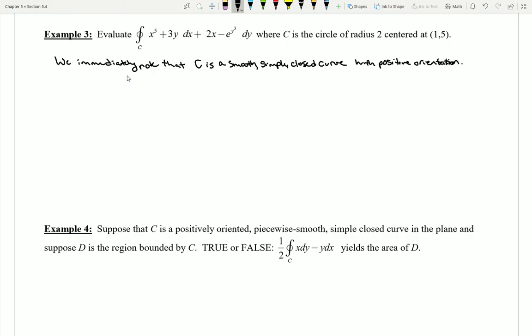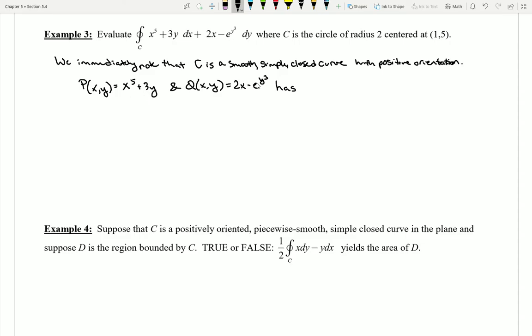That's fantastic. Now I can go ahead and start to think about, okay, so let's see. My P of x,y here is going to be, again, the thing that's going to be in front of my dx, and my Q of x,y is going to be the part that's in front of my dy. So I have these two functions here. And I want to also understand if these have continuous first derivatives. But I think that definitely this guy over here is just a polynomial.